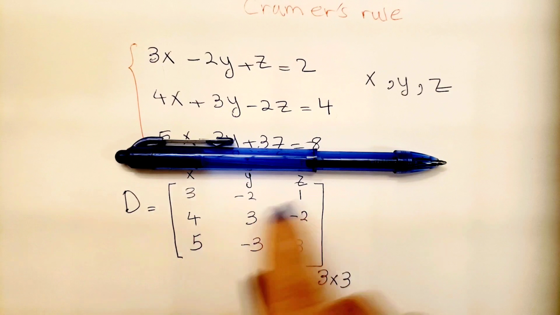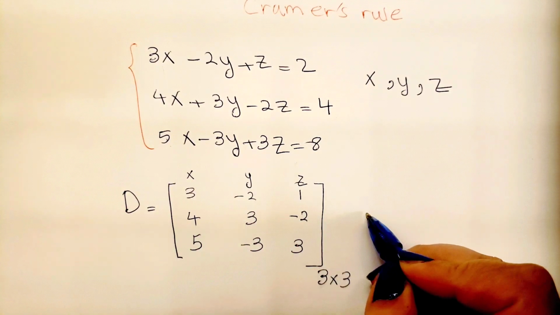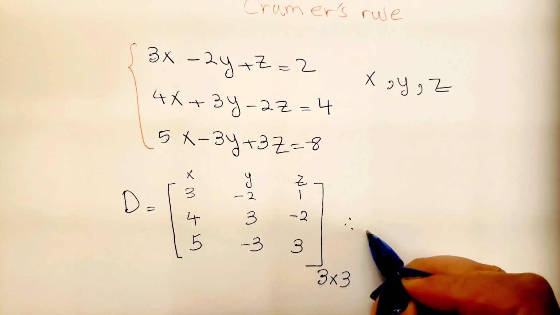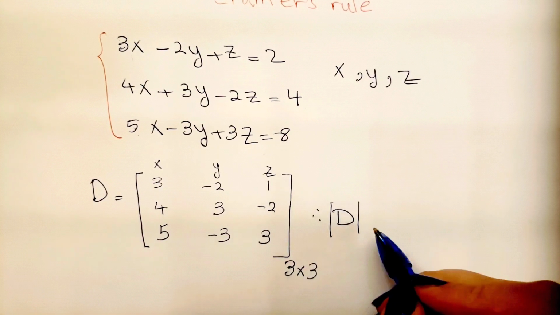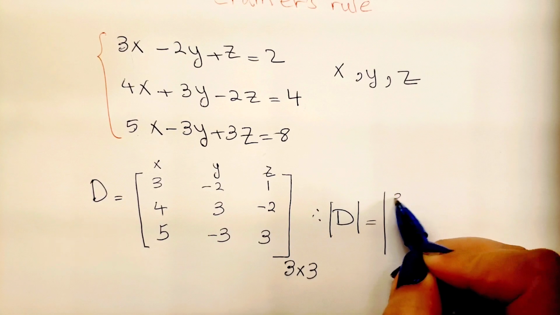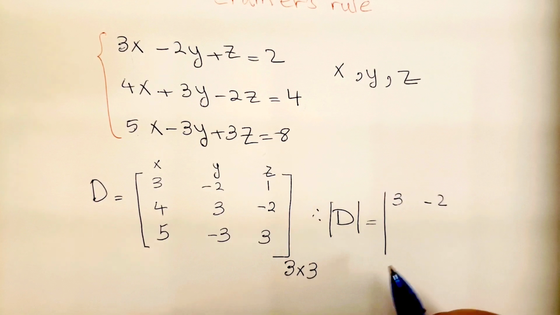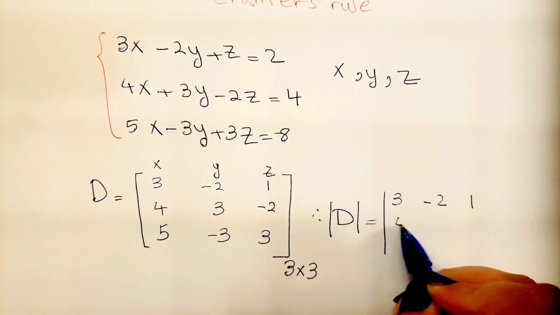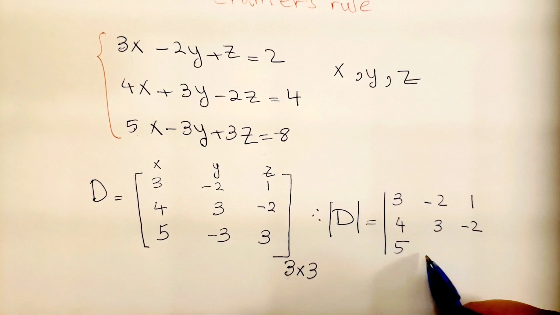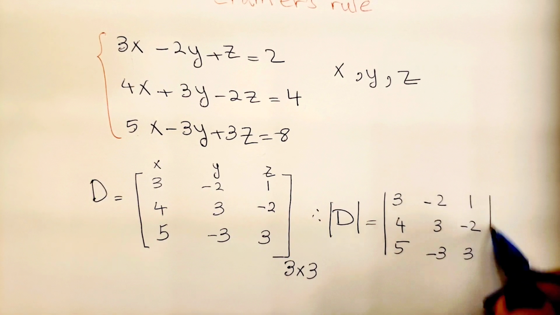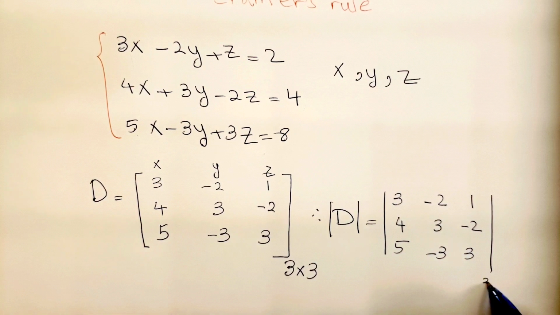So this is the matrix, and then I form the determinant, which is D, and this is the symbol: 3, negative 2, 1, 4, 3, negative 2, 5, negative 3, and 3. This determinant is 3 by 3.